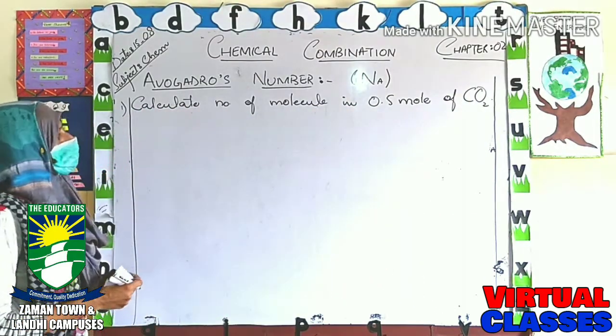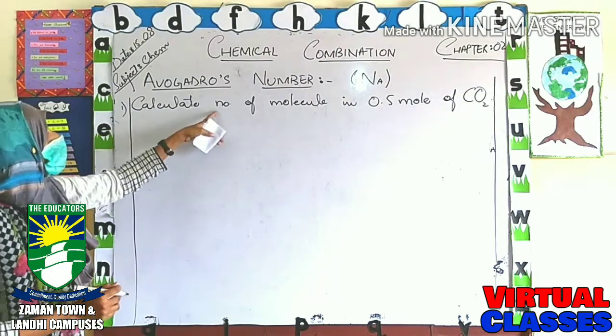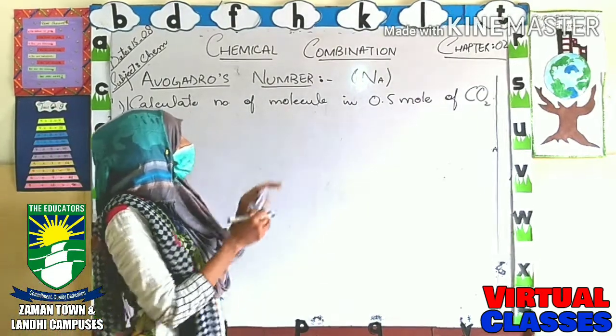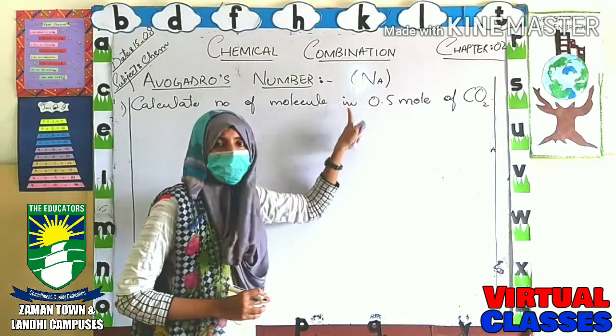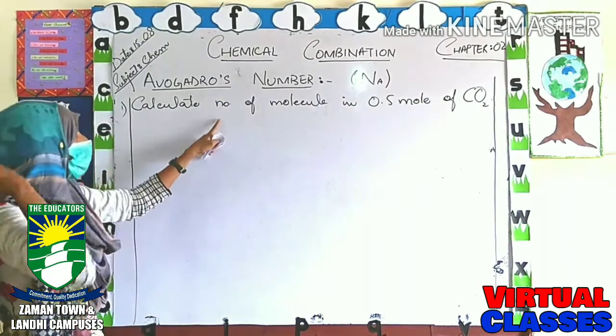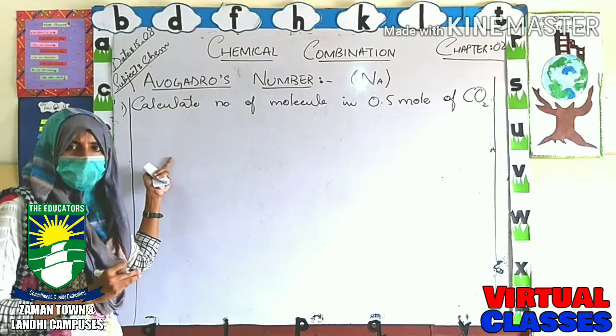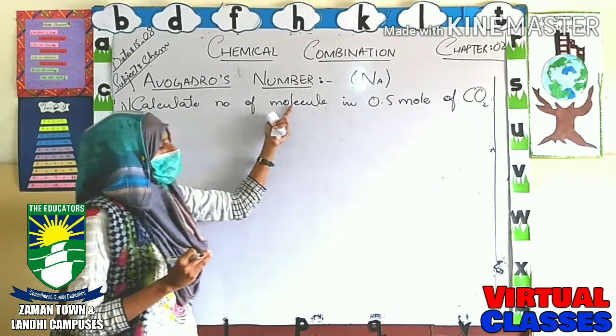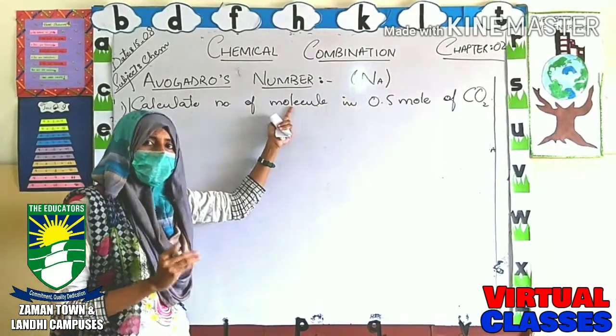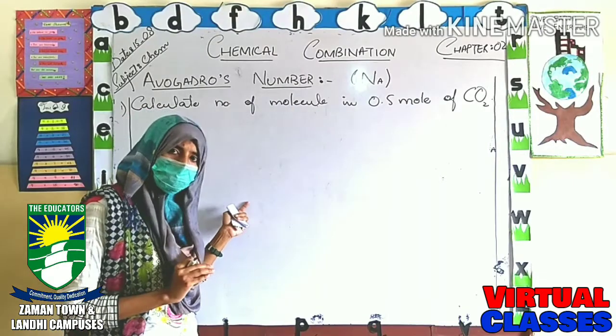In this numerical we have to calculate the number of molecules. If atoms were written, you would note down number of atoms; if there are molecules, then in the formula you will note down just the number of molecules.